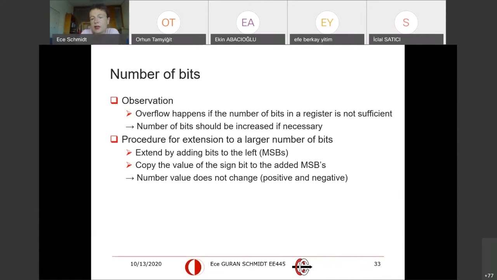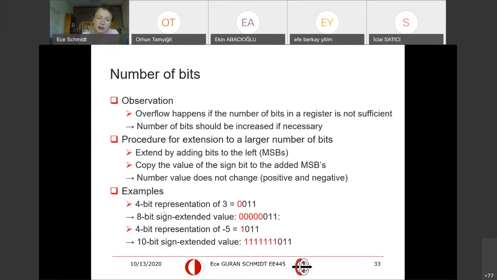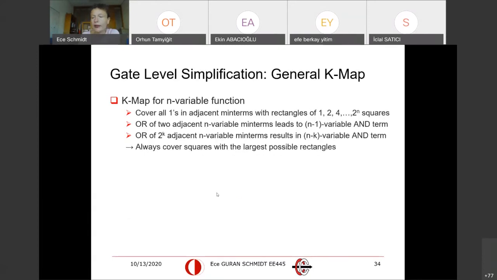So the number does not change, it is just represented using more bits in the bigger register. So you can have a 4-bit and an 8-bit representation of 3, and a 4-bit and 10-bit representation of -5. Okay, so this was the arithmetic.